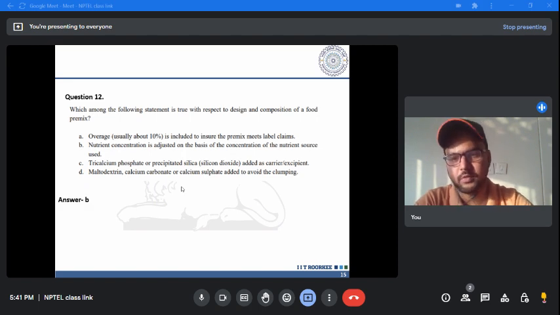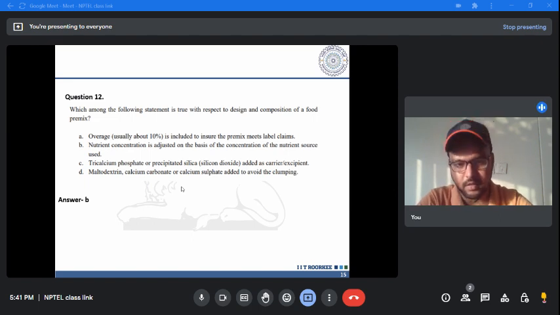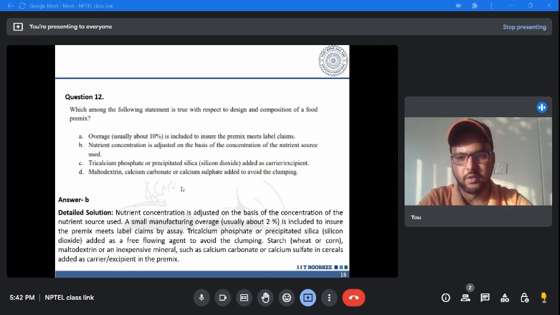So the answer for this question is option B. The nutrient concentration is adjusted on the basis of the concentration of the nutrient source used. Detailed solution: the nutrient concentration is adjusted on the basis of the concentration of the nutrient source. A small manufacturing overage of about 2% is included to ensure the premix meets the label claim.